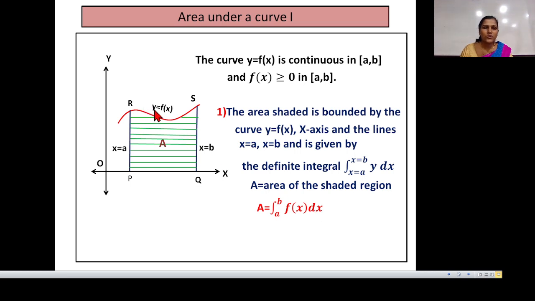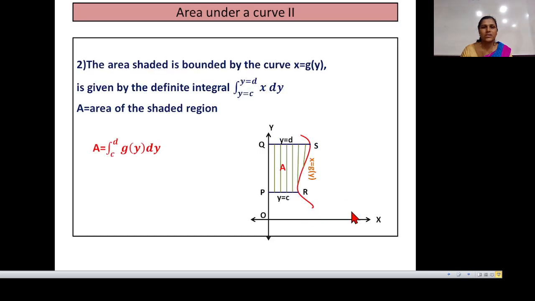Here our curve is y is equal to f of x, that's why we have taken f of x dx. So whenever your area is like this, that is area along the x-axis, then you have to integrate this curve with the given limits, that is from x is equal to a to x is equal to b. Then you will find this area with the help of this formula A is equal to integral a to b f of x dx.